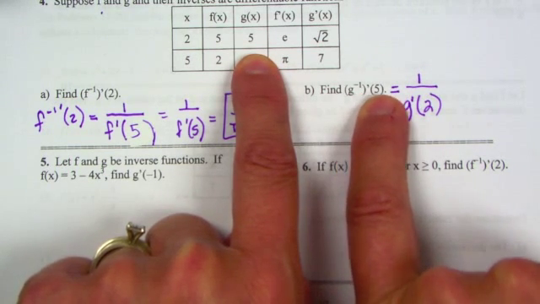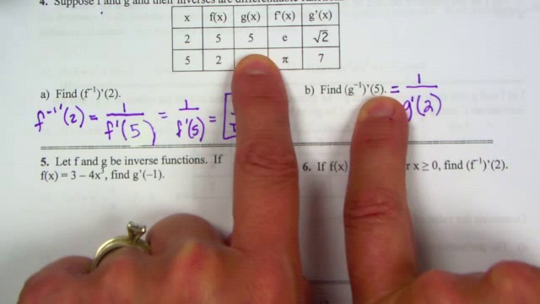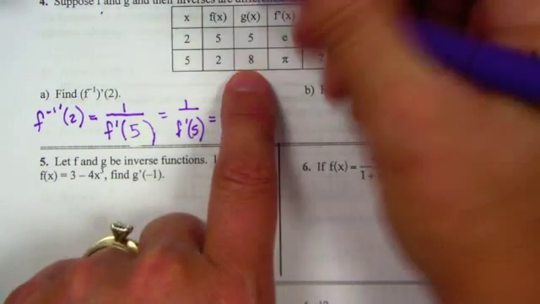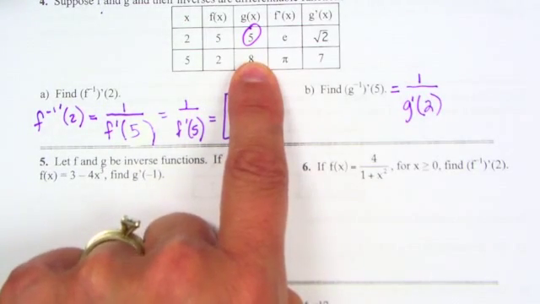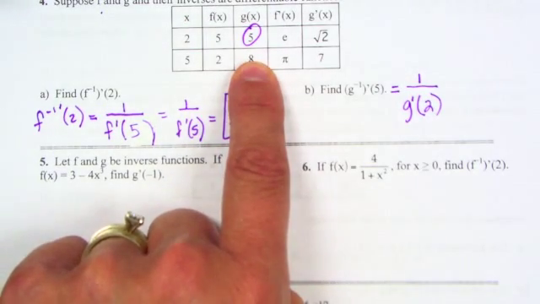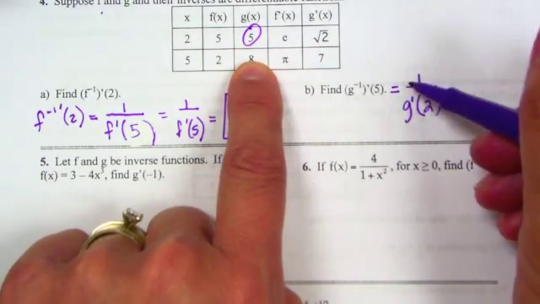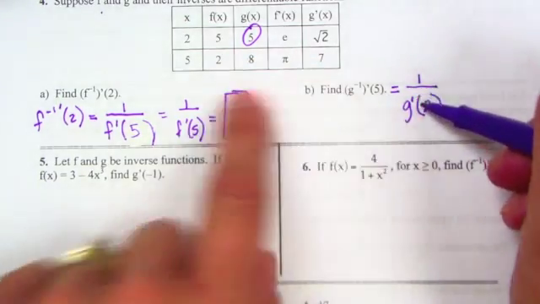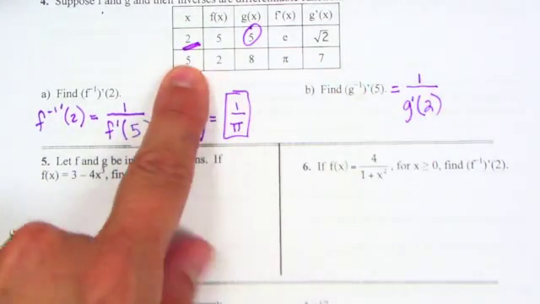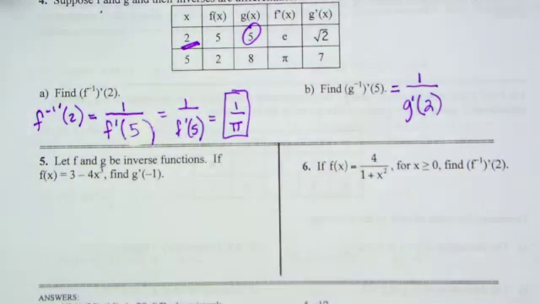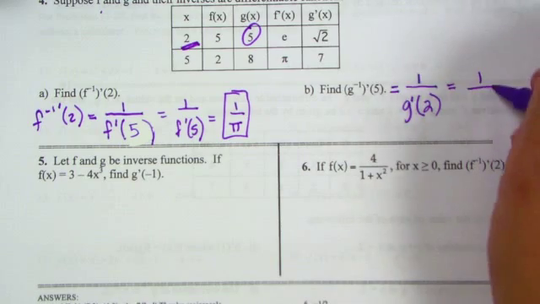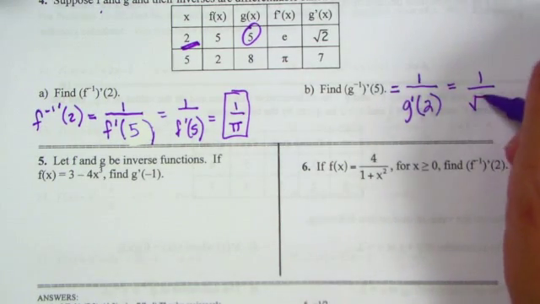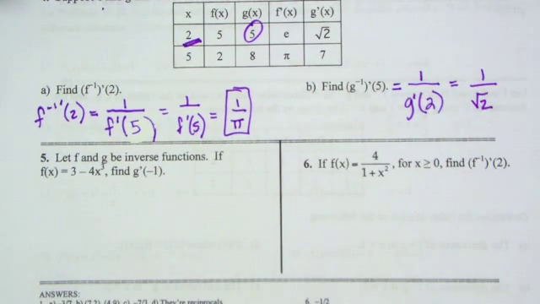So 5 is the X value of the inverse, which means it's the Y value in the original. And by definition, it's 1 over G prime of the X value, G prime of 2. So this turns into 1 over G prime at 2, which is square root of 2. I don't have to simplify that.